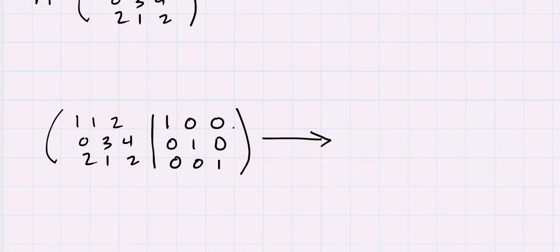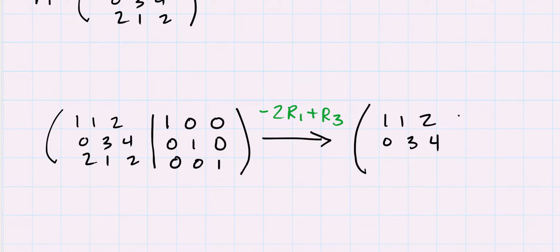So the first thing we did, if you go back and review, was we took this row, multiplied it by a -2, and added it to the third row. So -2 times row 1 plus row 3. I'm going to do that again. The only thing different here is I'm also going to multiply these entries in this row by this -2, and I'm going to add them to these entries.